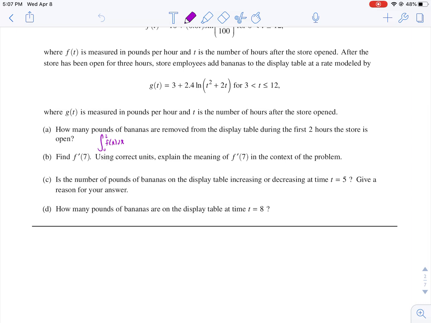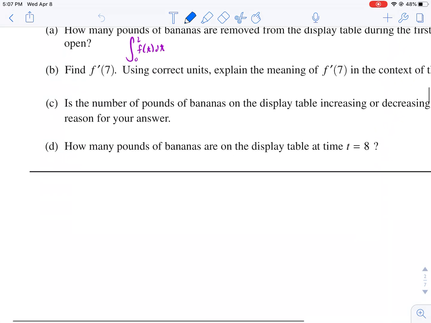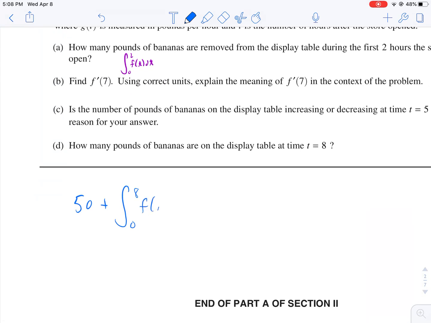And then finally D is how many pounds of bananas are on the display table at t equals 8. Now this one's a little bit tricky, just be careful here. We have 50 bananas to start with, so you've got to take that into account. So we have 50 bananas, plus how many bananas are getting taken away, which is the integral from 0 to 8 of f of t dt.